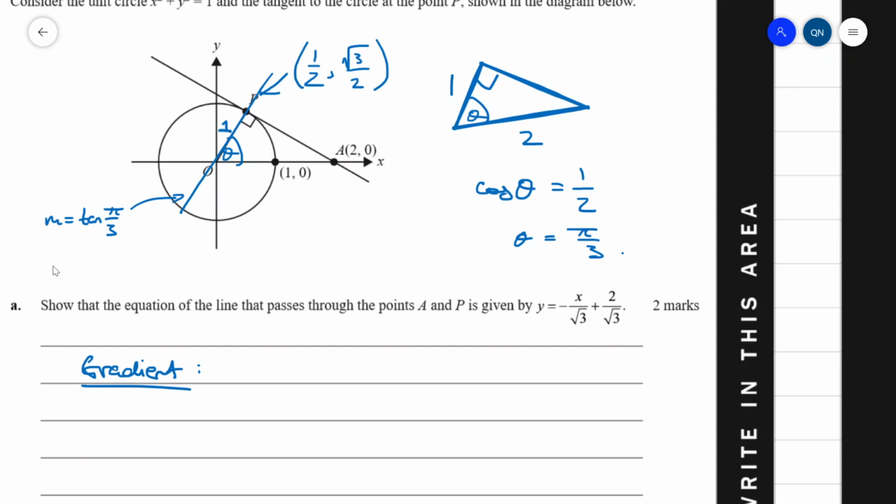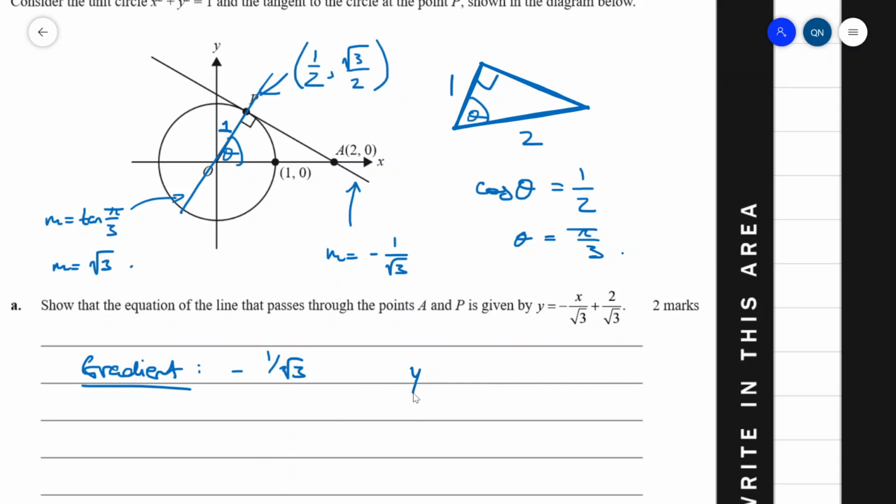What's tan of pi on 3? This is going to be root 3. So the gradient of this line is going to be the negative reciprocal, so minus 1 over root 3.